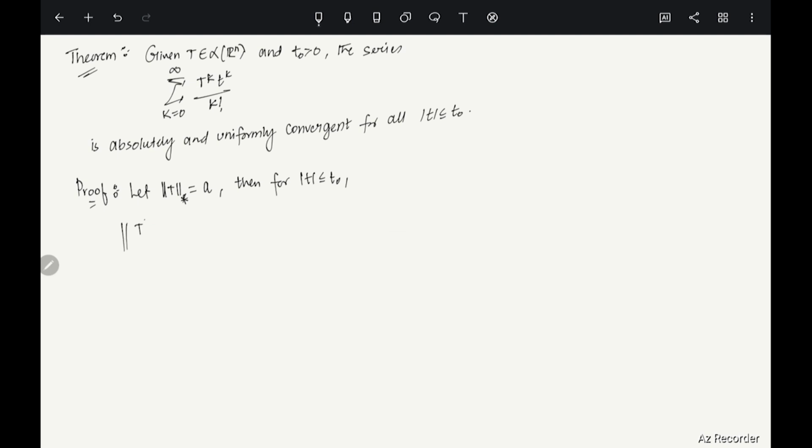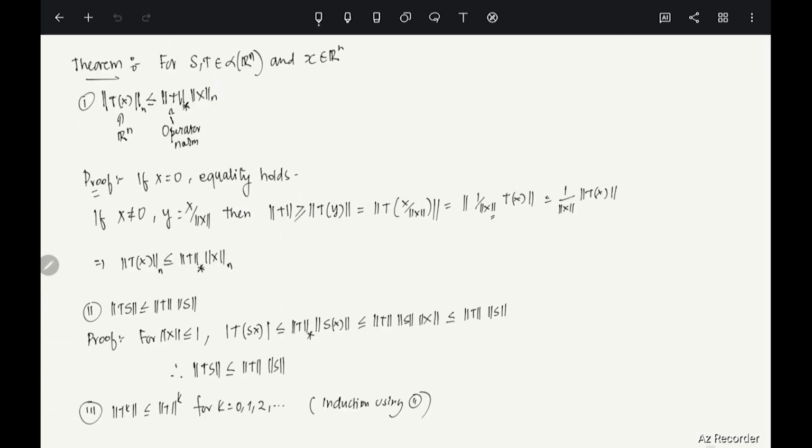So you look at the norm of t power k, T to the power k by k factorial. This is always dominated by the norm of T power k, mod of t power k by k factorial. How is this true? You see, we are using 1 and 3.